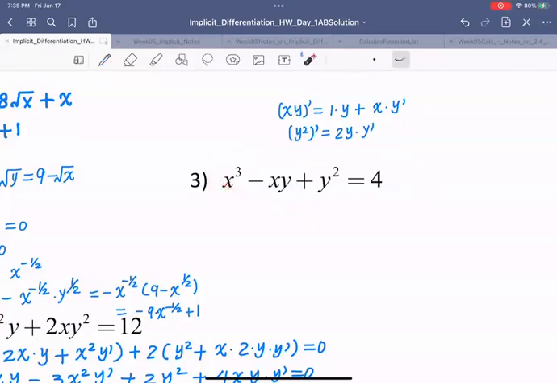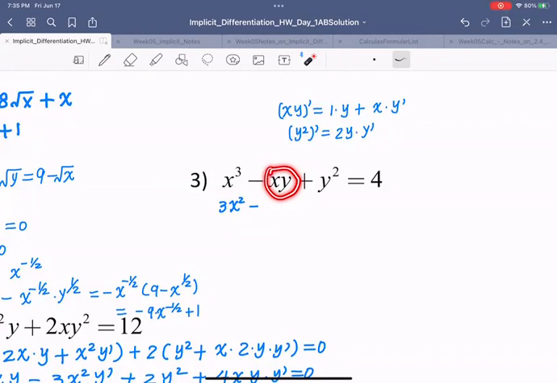Let's go here. Okay, so 3x squared. Yes. Let's see what that would be. Minus... we will use the product rule.